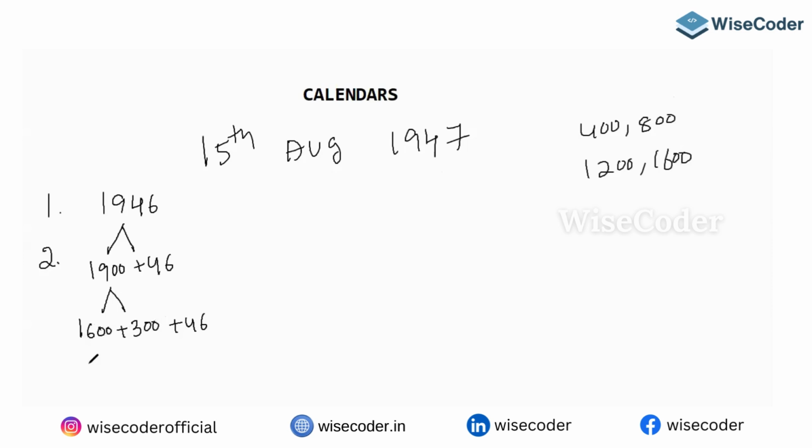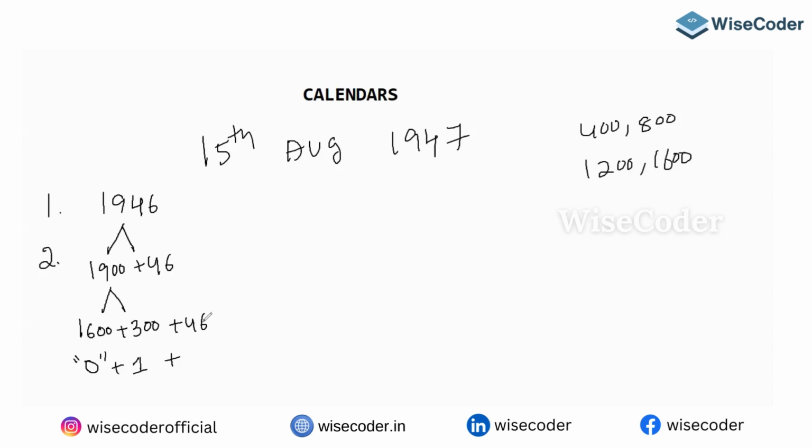So 1600 will have how many odd days? 0 odd days. 300 will have 1 odd day. Now the crucial part is 46. In these 46 years, there are some leap years and some non-leap years, so you need to figure out how many.